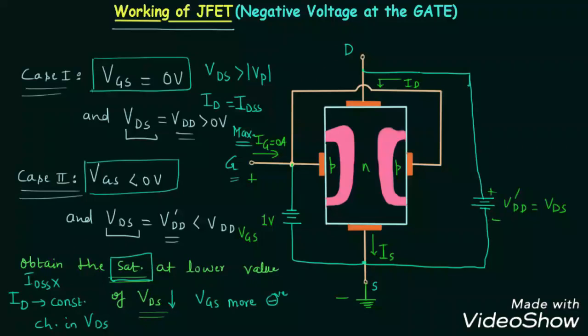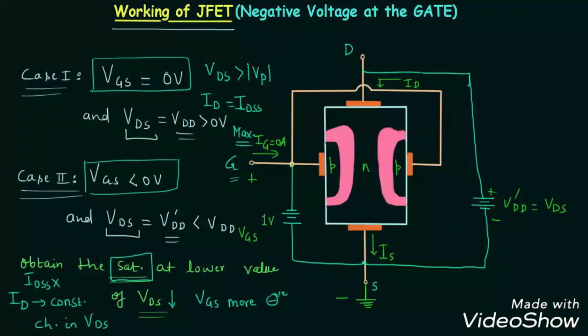And if we compare the pinch-off voltage in case number 1 with the pinch-off voltage in case number 2, then pinch-off voltage in case number 1 is more as compared to the pinch-off voltage in case number 2. We are getting lower pinch-off voltage in case number 2 because gate is negatively biased.